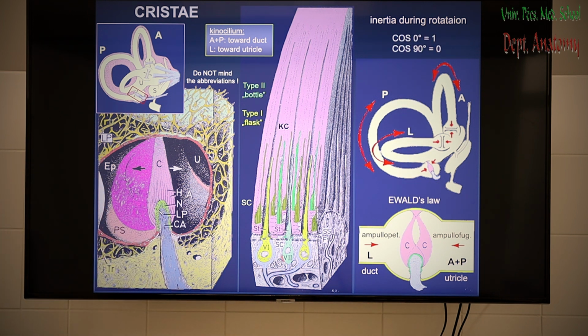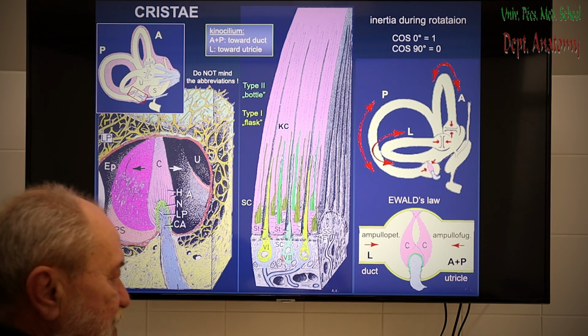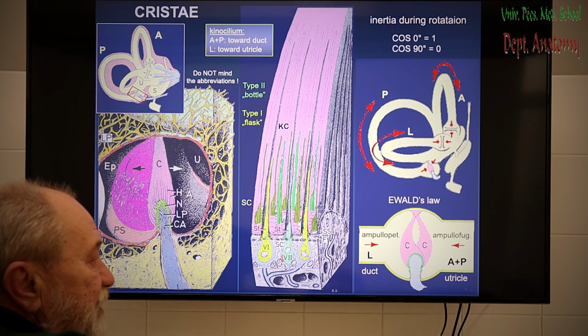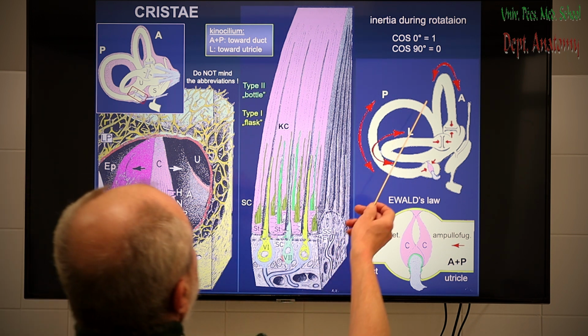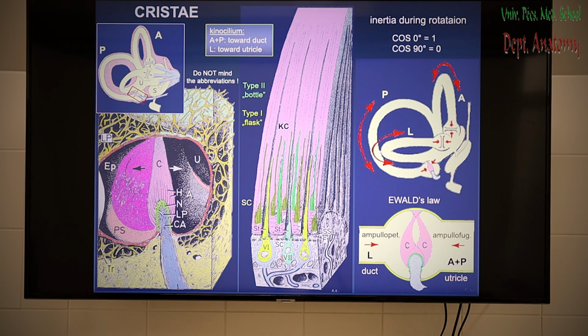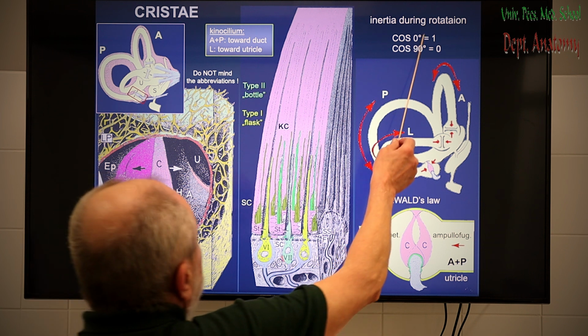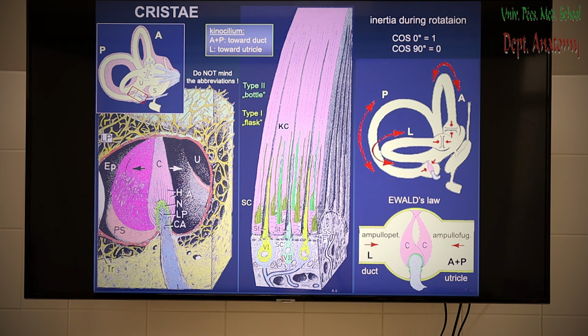One thing from high school is to be revived now. The movement produces a certain relative flow. Because the endolymph, when turning the head, wants to stay stationary, therefore relatively it changes its position within the semicircular canal. So one thing is to revise this cosine equation. I hope you remember that cosine 0 equals 1, and the cosine of 90 is practically nothing, it is 0.